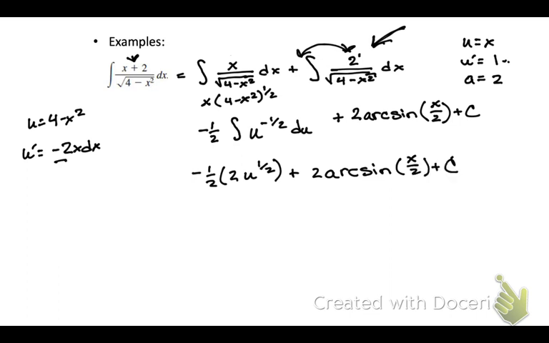And then wouldn't it just be u to the 1/2? So negative, and then we just replace our u, yes. So negative the square root of 4 minus x squared plus 2 arc sine x over 2 plus c.